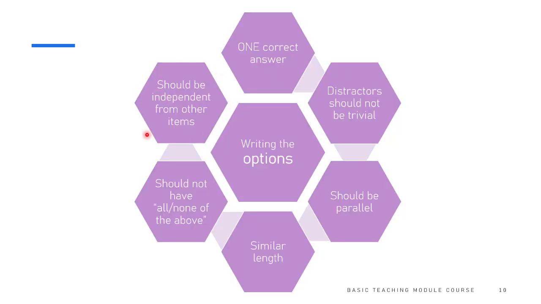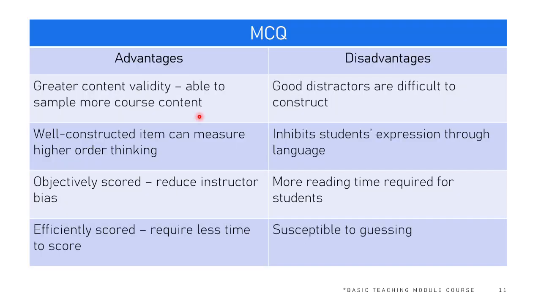So this is what it means by questions should be independent from any other items. There should not be a chain question. Let's say, in order to answer question 10 correctly, the student must answer question 9 correctly. That's not supposed to be the case. Question 9 is independent from question 10.